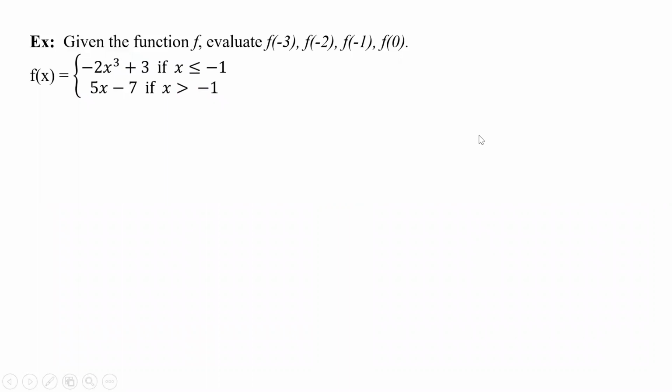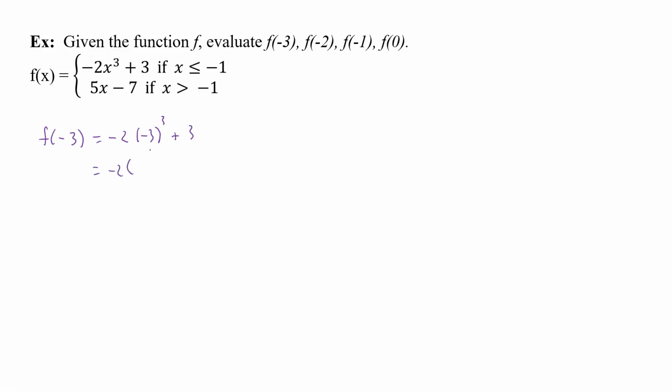All right, so here we're given the function f of x, and we need to evaluate it at 4 different points. So f of -3. Well, what we have to do is see where -3 falls on which piece here. Well, -3 falls within this one, and so we have to plug it in here. So it's -2 times -3 cubed plus 3.